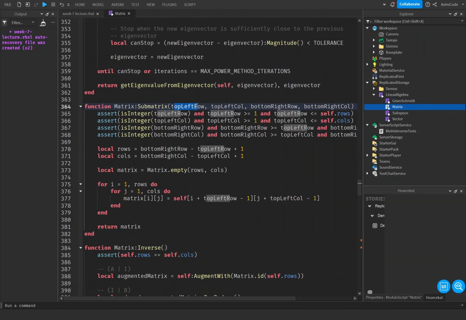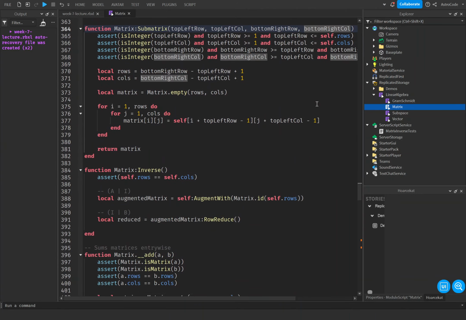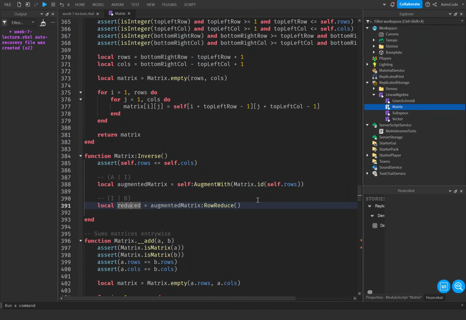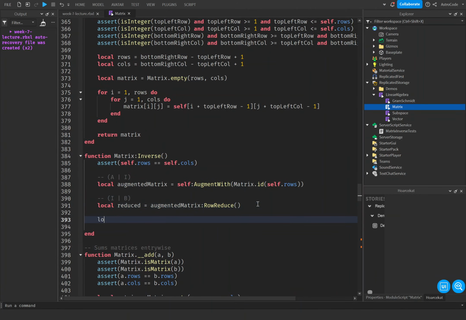So we specify the top left row, the top left column, the bottom right row, and the bottom right column. And this will give us a sub-matrix. So in our case, the sub-matrix that we want, the left half, we want to start at the top left. So 1, 1.